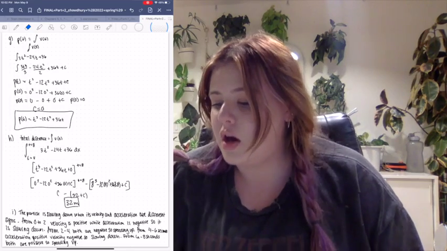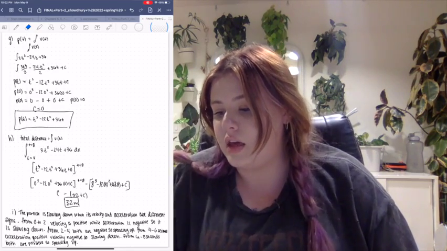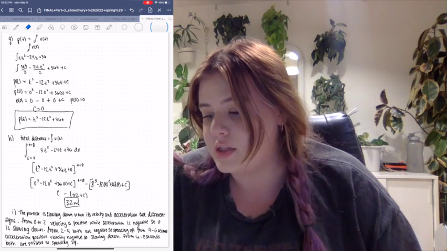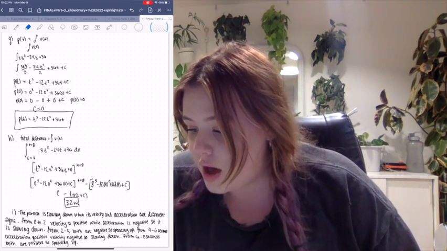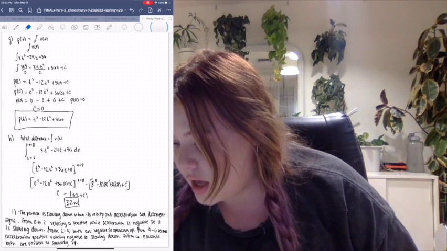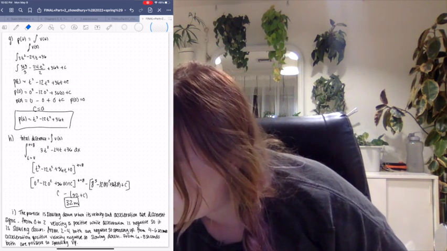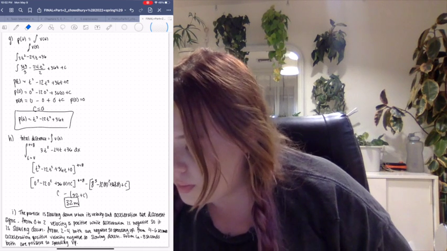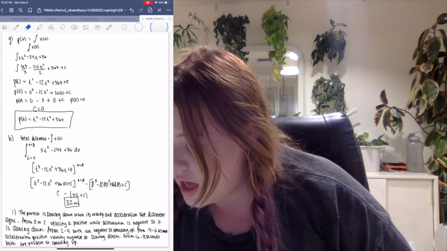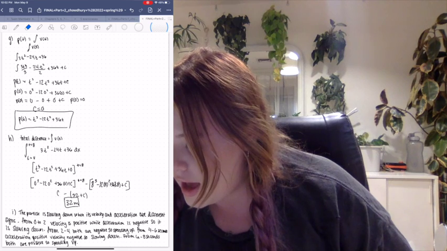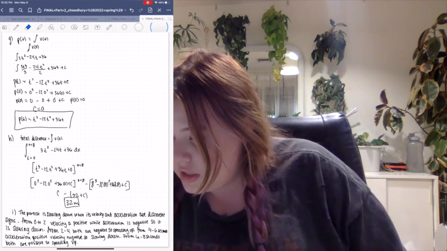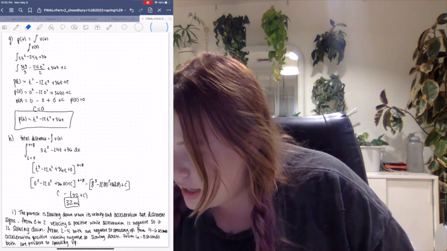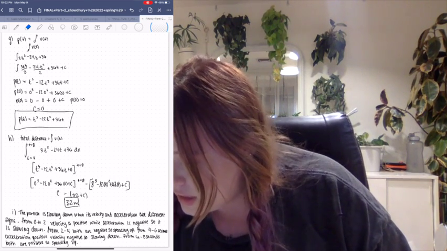Okay, so once we take the integration of velocity with respect to time to get position with respect to time, it's normal integration with plus c at the end, and then we can plug in p of t as t cubed minus 12t squared plus 36t plus c.